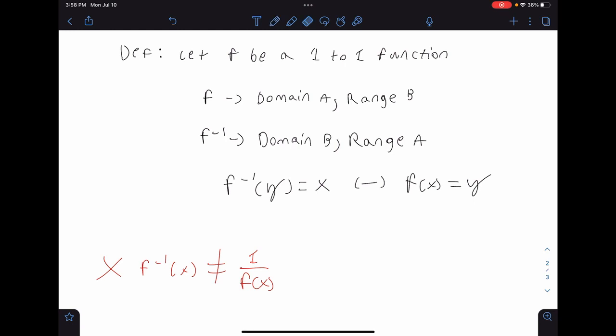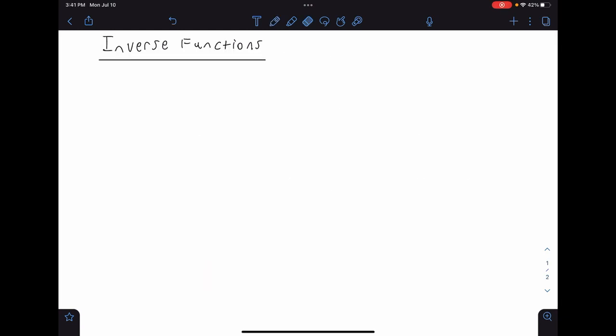Okay, now let's get into an example. So there is a 4-step guideline for solving for the inverse. Step 1 is to write down y is equal to f of x. 2, we solve for x in terms of y.